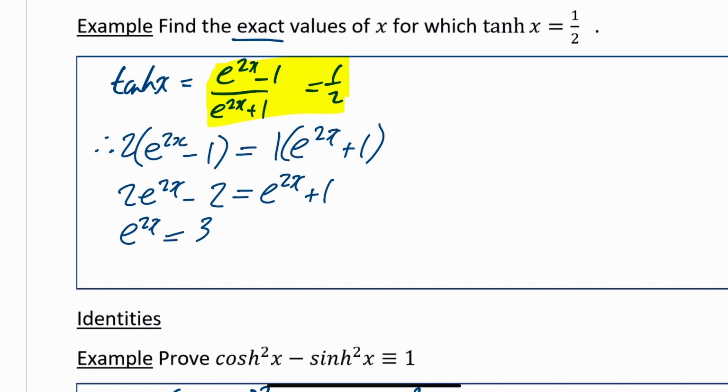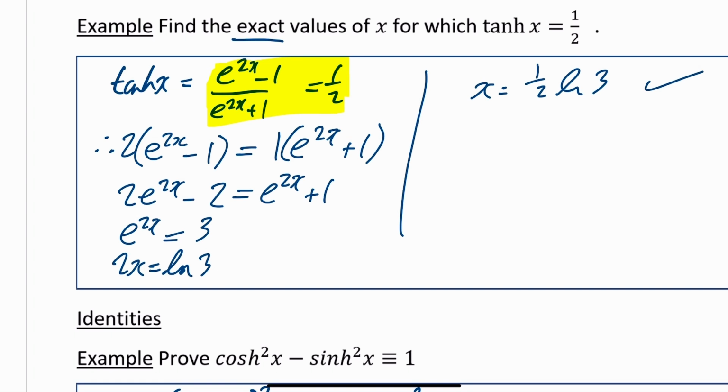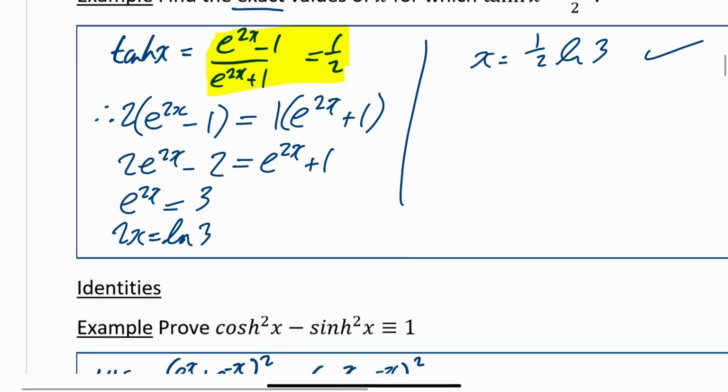And then what you could do is take natural logs of both sides. So you're going to get 2x is equal to ln of 3, which means x is equal to a half ln of 3, which is exact. That's an exact answer. Okay, lovely question.